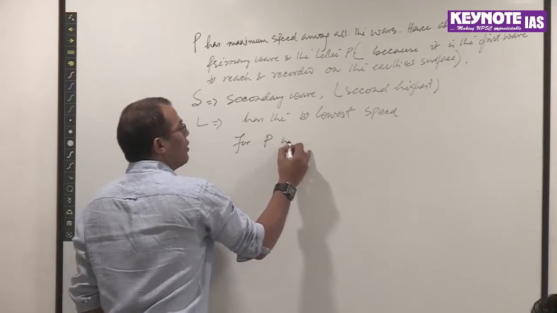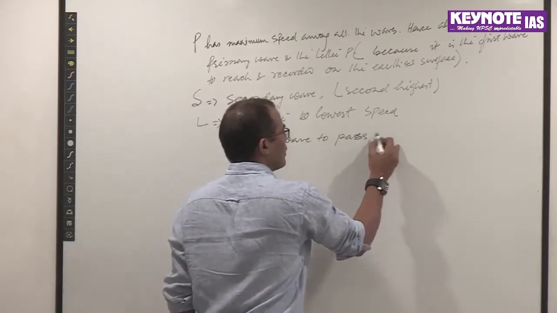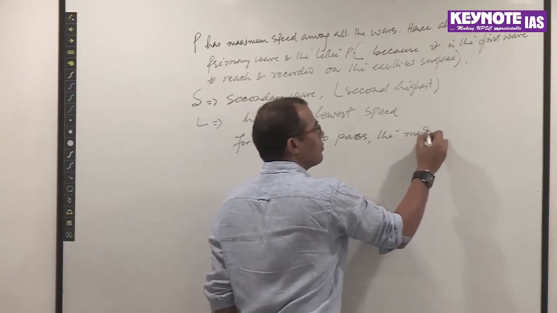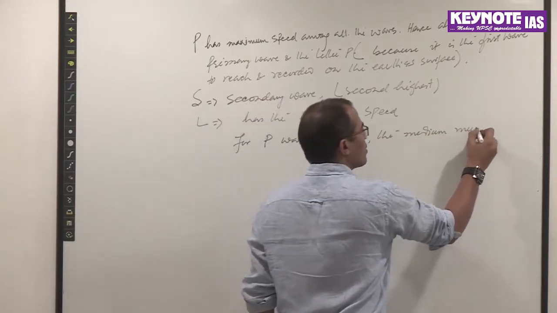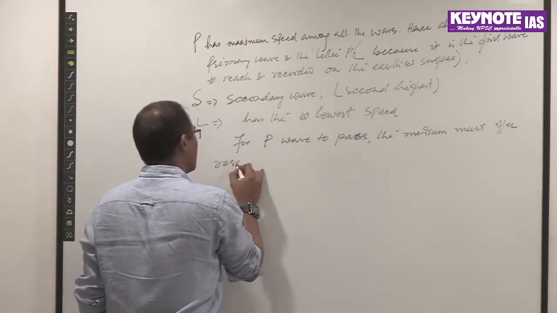For P wave to pass, the medium must offer resistance.